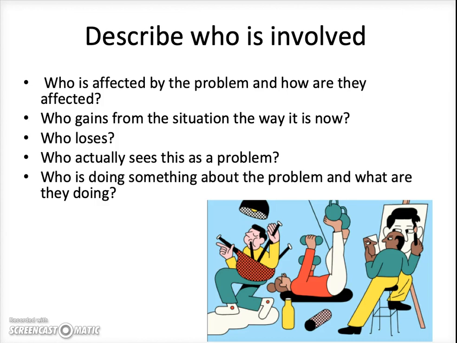So the first chapter talks about who they are and how the problems affect them, and then who gains from the situation that it is now. Who loses and gains from these health problems, who actually sees this problem. So Chris Adaki saw the problem, but many may not have seen the problem at all because they were not part of that community. Who is doing something about the problem, and what are they doing?